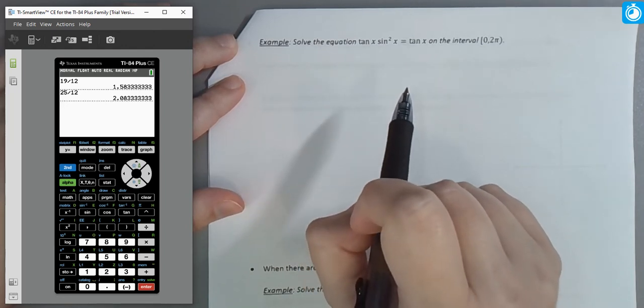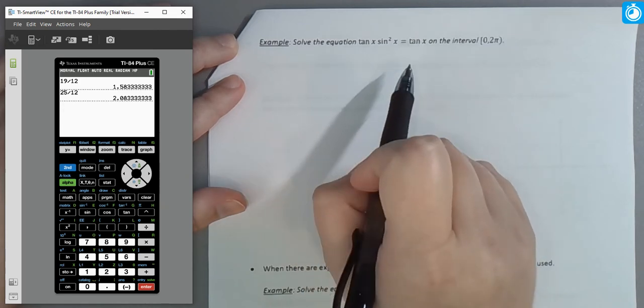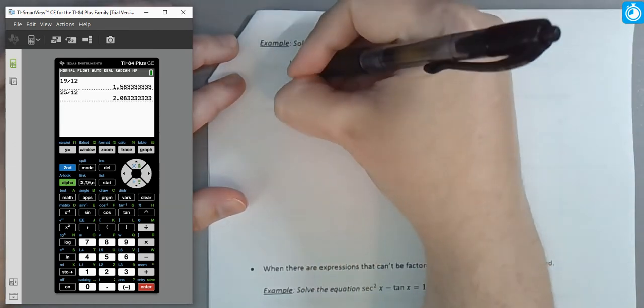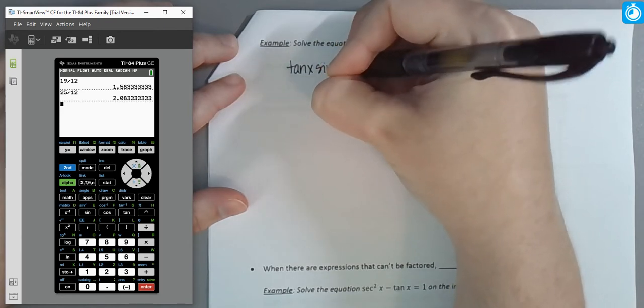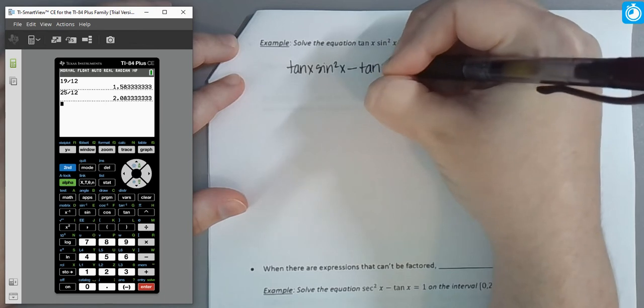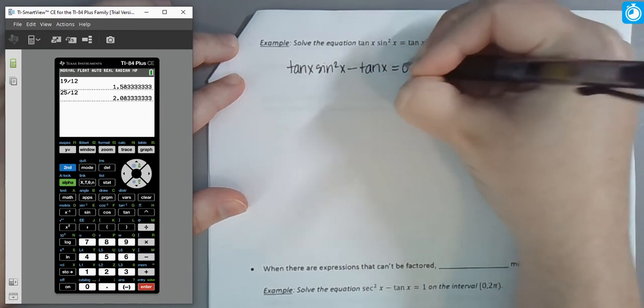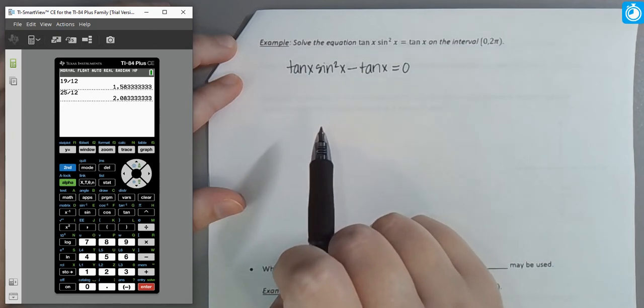So this is a situation where you get everything on one side and you factor. So we need to subtract the tangent x and move it over. So we have tangent x, sine squared x, and we're going to subtract the additional tangent x to move it over. Now keep in mind these are not like terms, they don't combine, they truly are separate.